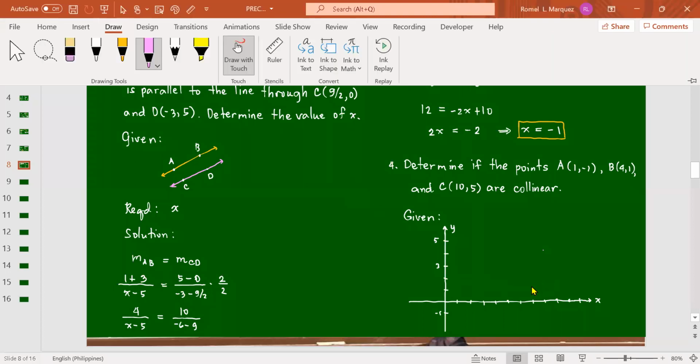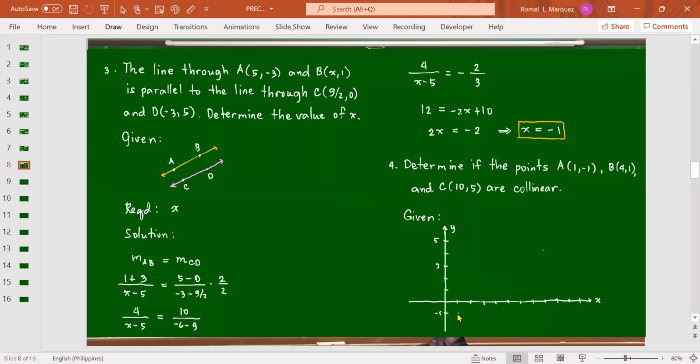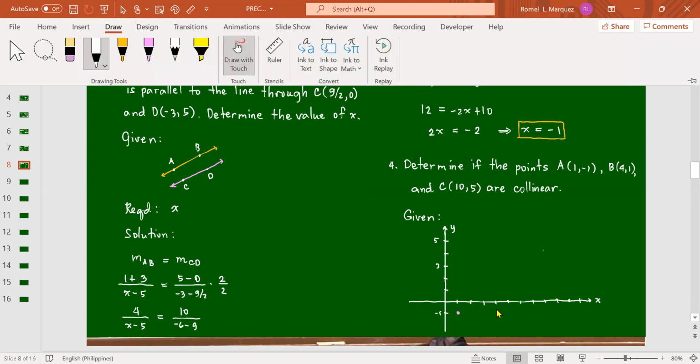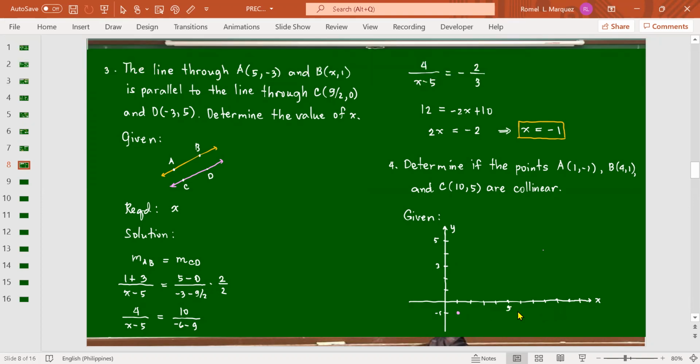Let's plot the points. 1, -1. 4, 1, 2, 3, 4. Let me label first. It's hard to count. This is 5. This is 11, no? And this is 2, 3. Okay. -2 somewhere here. 4, 1, no? Okay. 4, 1 here.